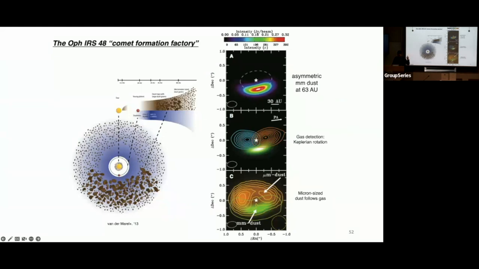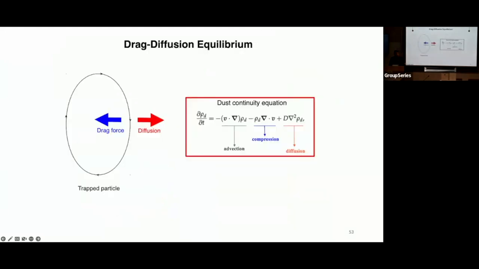So here I'm going to break one of my first rules of giving talks, which is to never show equations. But this is the dust continuity equation. You have the advection term, the compression term, the diffusion, right? You have here the drag force, and the diffusion. What I wanted to do here is to find the steady state between the drag force pushing the pebbles inwards and the diffusion kicking them outwards, right?